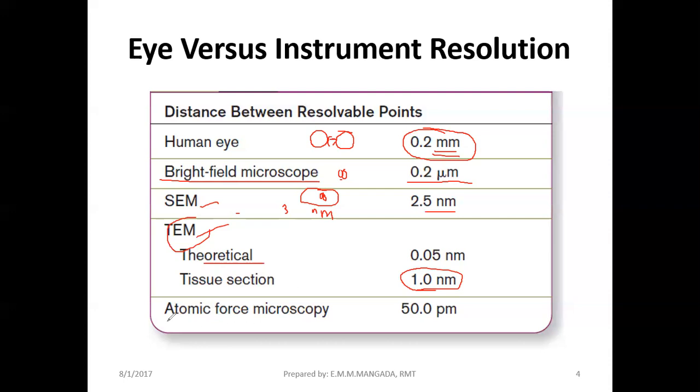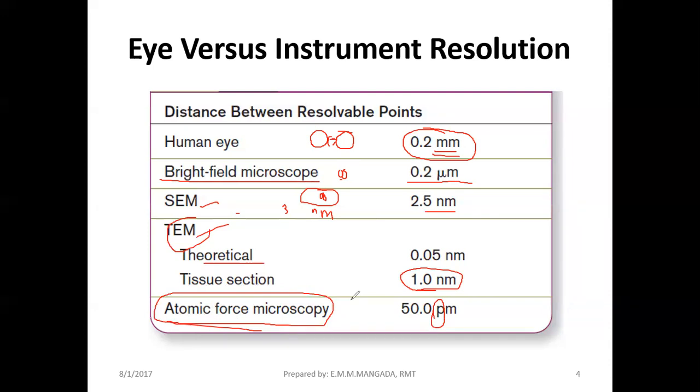Okay. And then for atomic force microscopy, mas maliit na naman to, it is in picometer. Okay? So imagine at 50 picometer, ma-appreciate mo pa rin yung maliliit na organisms, okay, as two different or separate microorganisms instead of just seeing them as one.